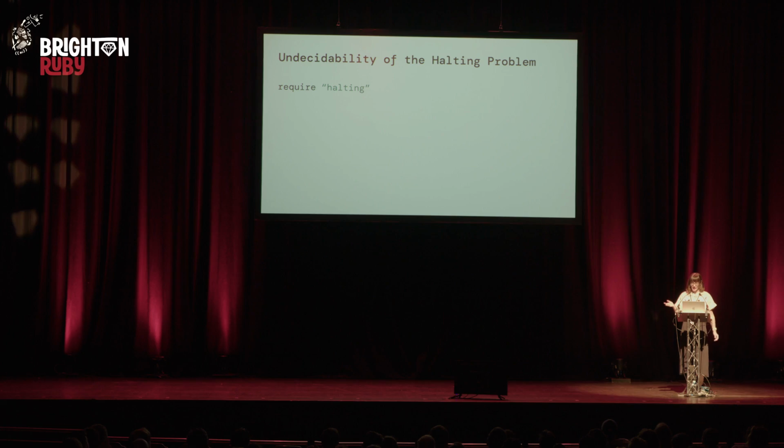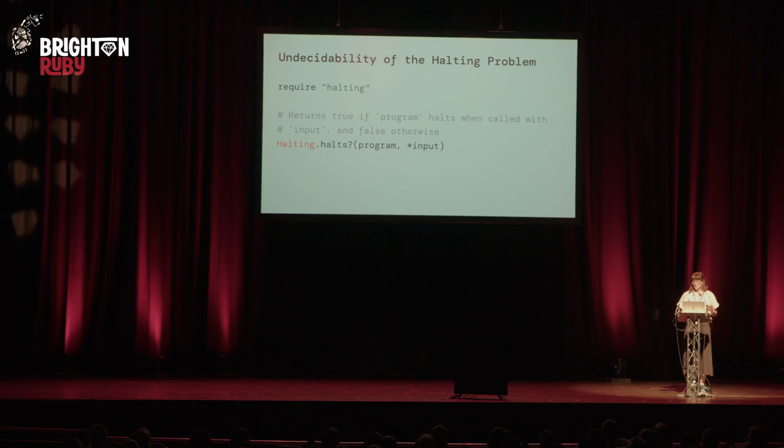To start, we are going to assume that the halting problem is solvable in Ruby. This means that we will have some gem called halting that provides a module with a method to check whether a given program and an input halts. So we assume that this is true and exists.